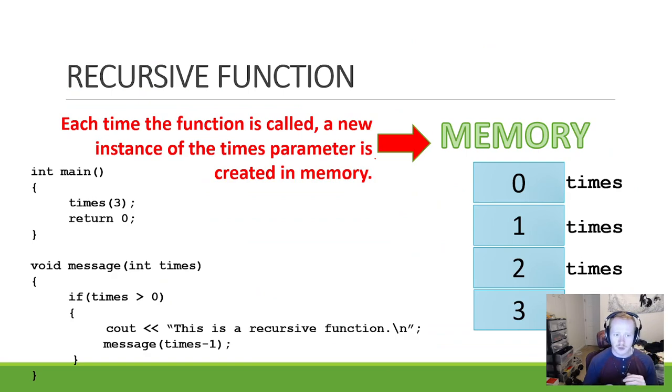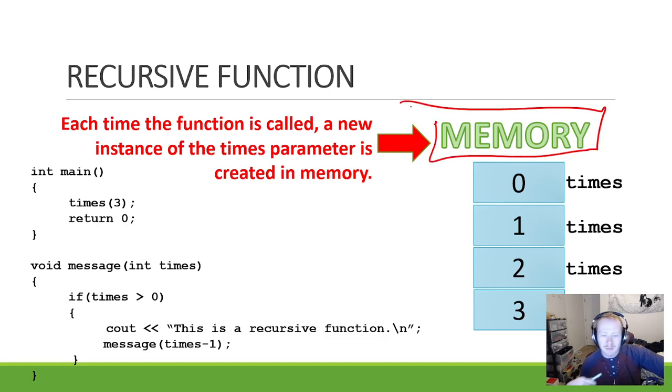So each time the function is called, a new instance of the times parameter is created in memory. Your memory is a data structure that we haven't learned yet. It's a stack. And so at the very first time we call it, we put times of 3 down. We call message however many times, and every time we add a new times into memory, or a new variable into memory.